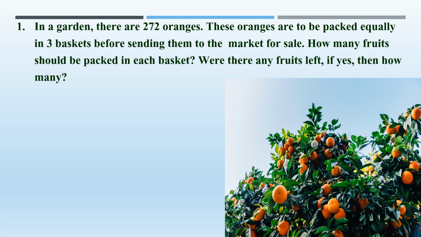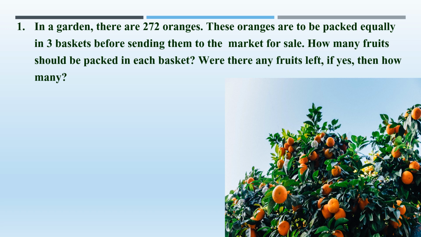In a garden, there are 272 oranges. These oranges are to be packed equally in 3 baskets before sending them to the market for sale. How many fruits should be packed in each basket? Were there any fruits left? If yes, then how many?